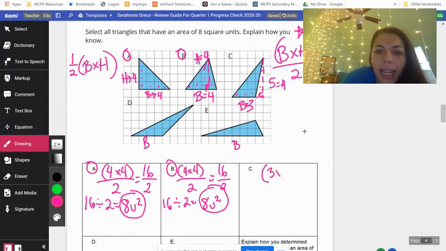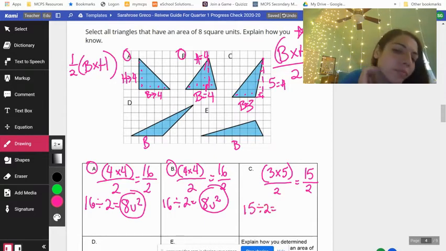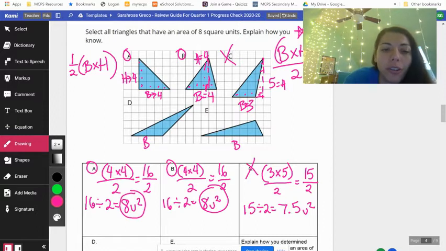For my height, I got 5. 15 over 2 is 15 divided by 2, which is going to give me a decimal. I'm going to get 7.5 units squared. C does not work. It does not give me an answer of 8.